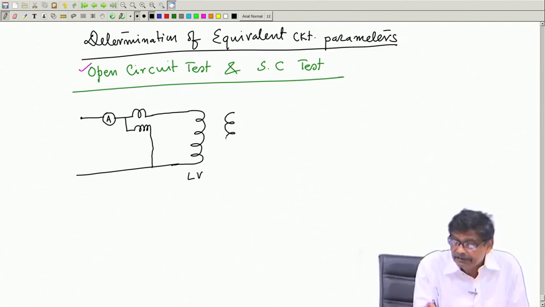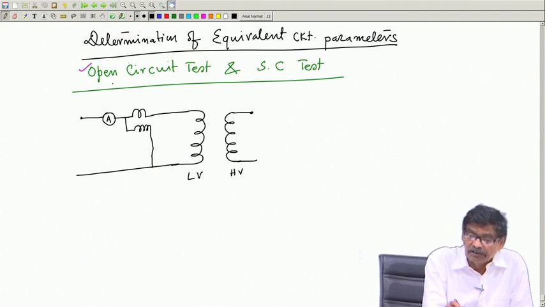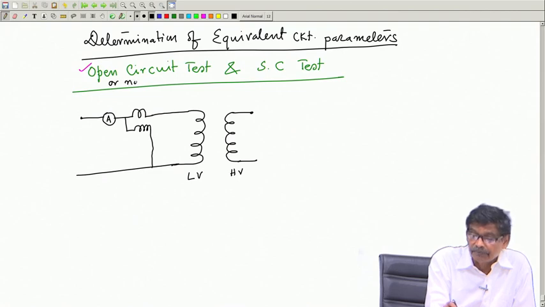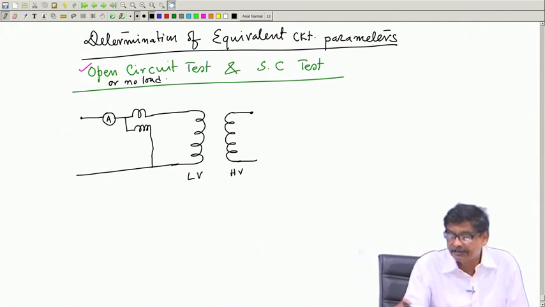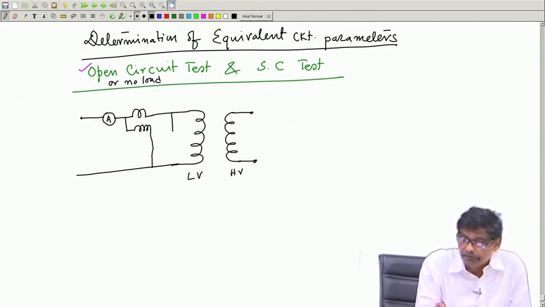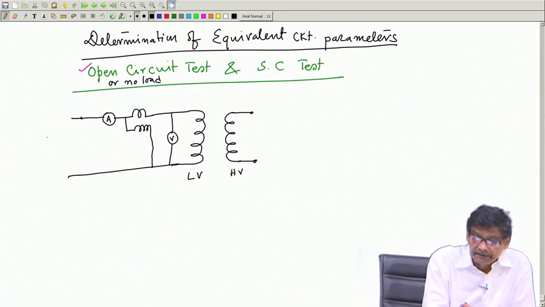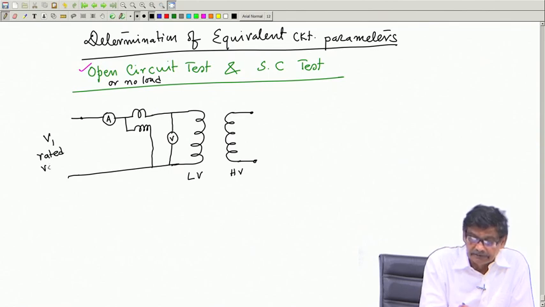Suppose this is the other side, the HV side, which is open circuit. This is sometimes called the no load test. No load means no impedance is connected across the secondary, and you also connect a voltmeter across this. Here you apply V1 rated voltage at rated frequency.